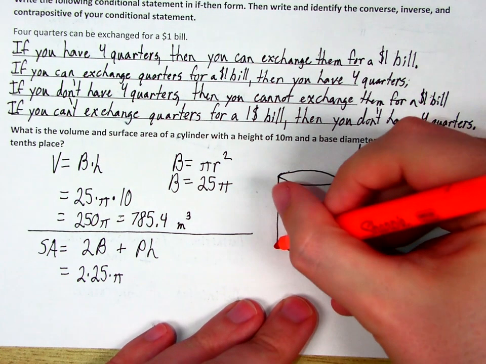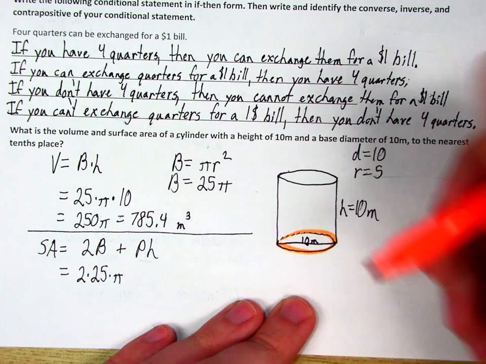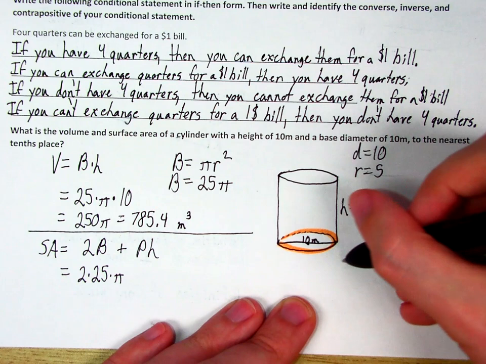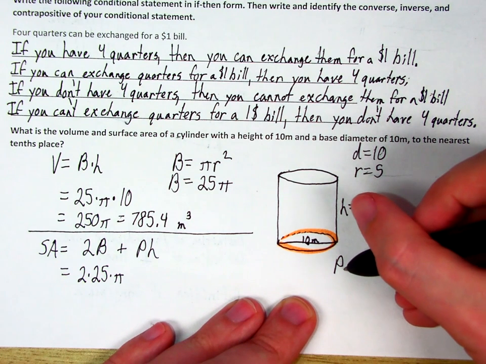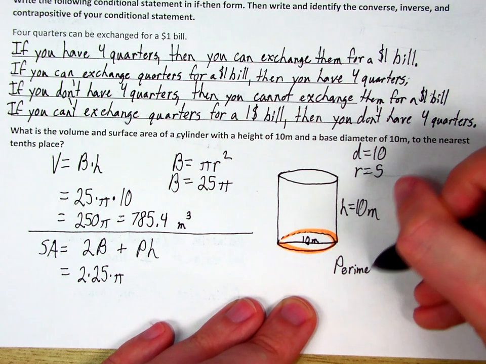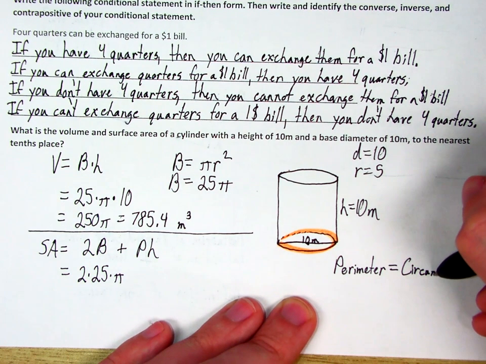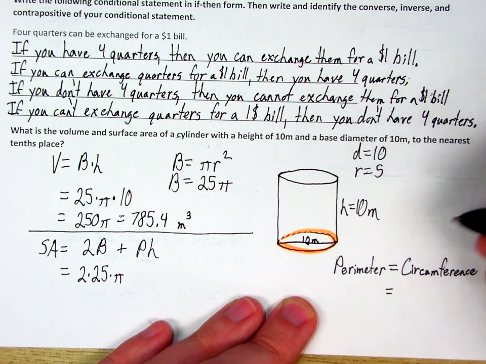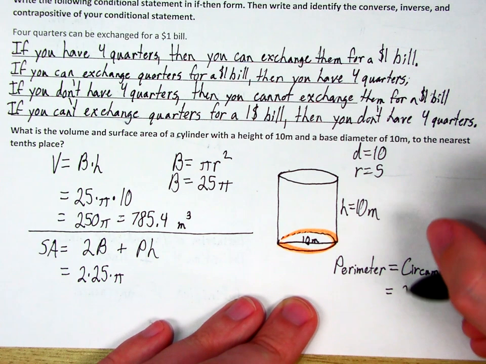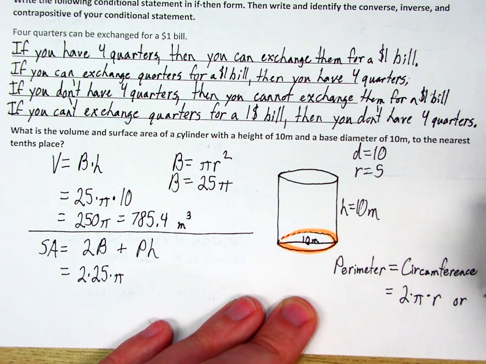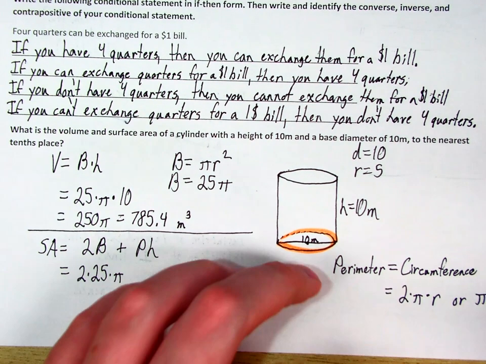We need the perimeter, the distance around the circle. The distance around a circle, as a reminder, is your circumference. Perimeter is equivalent to circumference for a circle. Which is, for us, 2 times pi times the radius, or pi times the diameter.